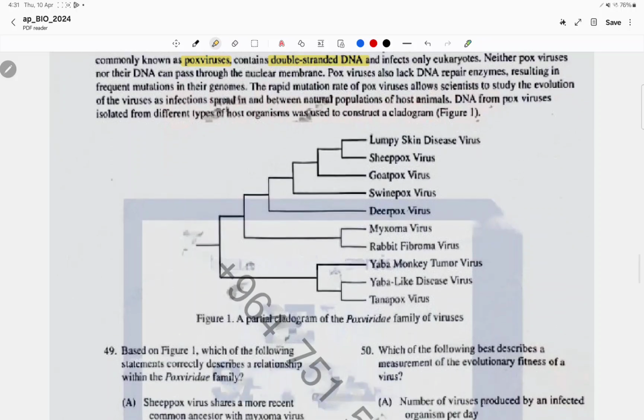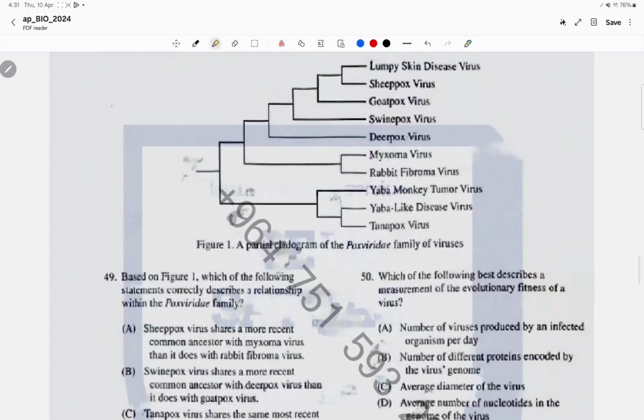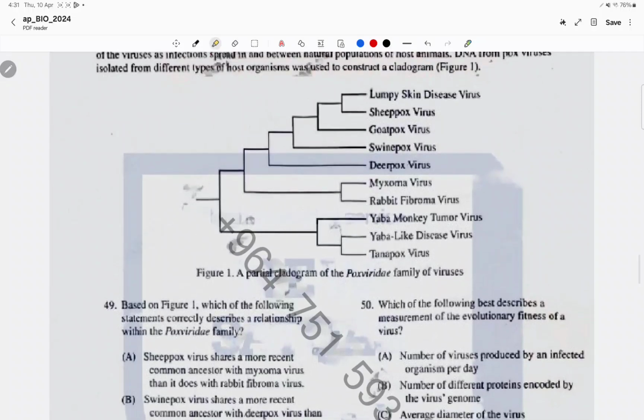Based on figure 1, which of the following statements correctly describe the relationship within the family? Let's see. The sheeppox virus shares a more recent common ancestor with Mycosoma virus than with rabbit fibromavirus.